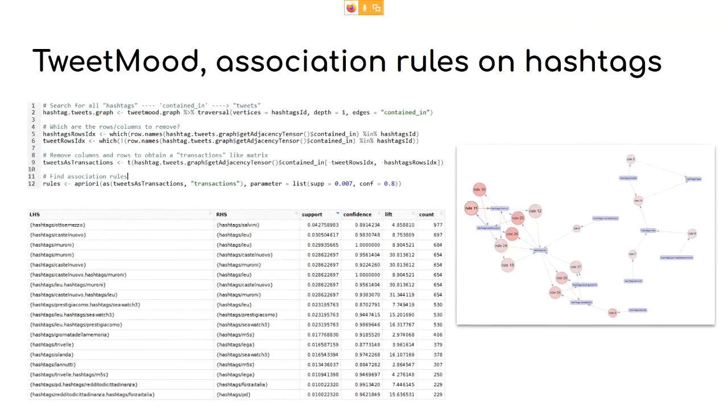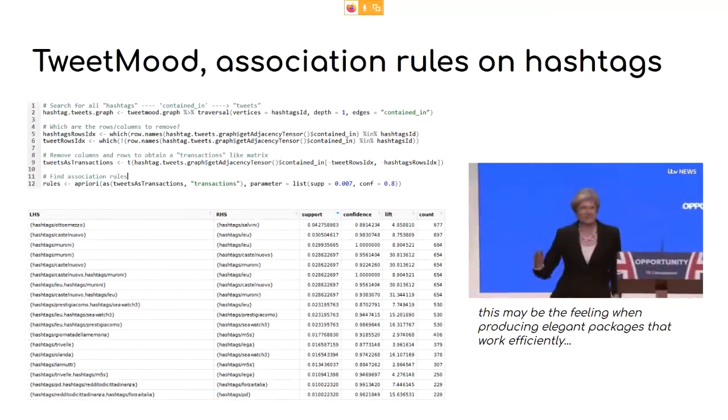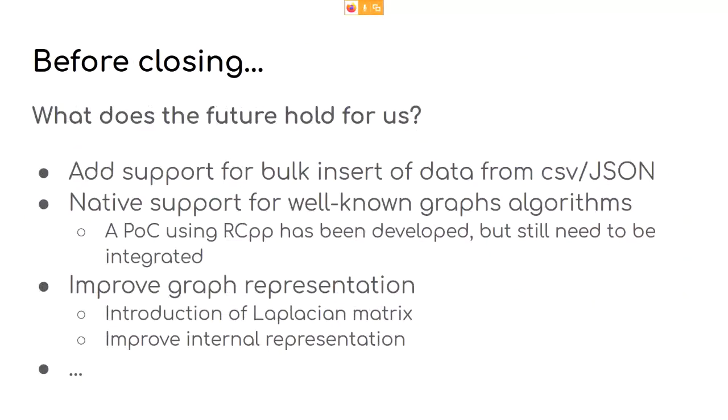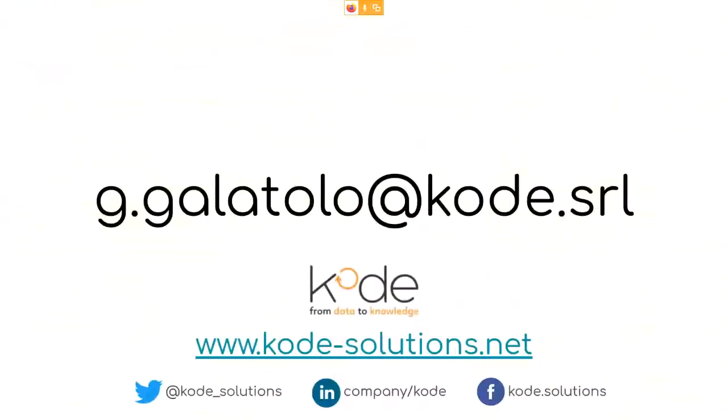So using our package, in very few lines of code, we prepare data to execute a complex analysis. Even if we did a lot of things with the package, many others are still missing, so we have a long way to go, but for now, that's all, and this is the end of my presentation. Thank you for your attention.